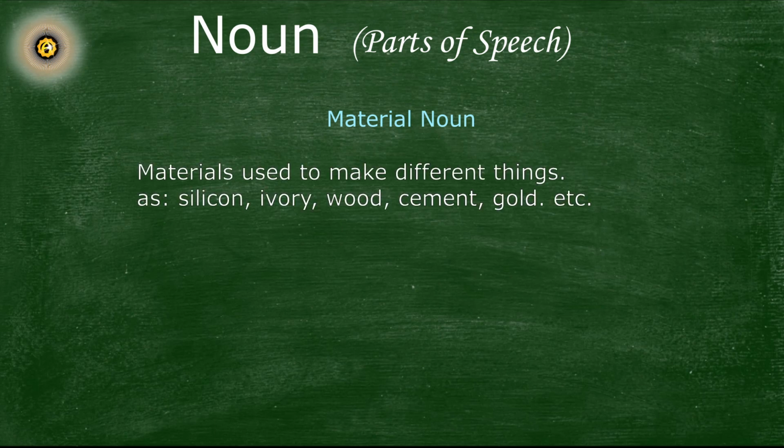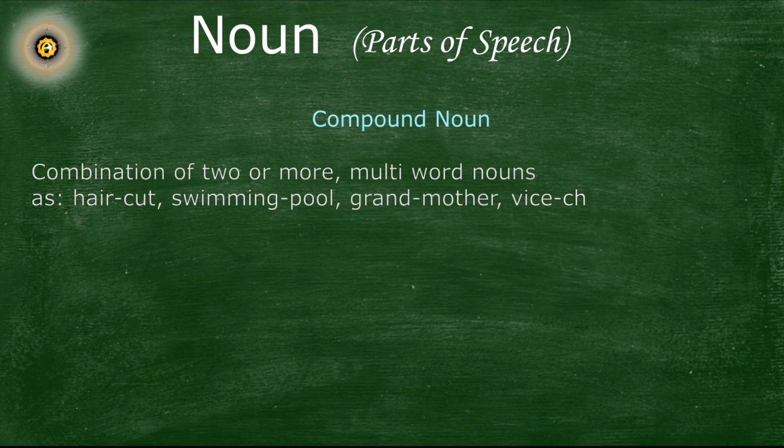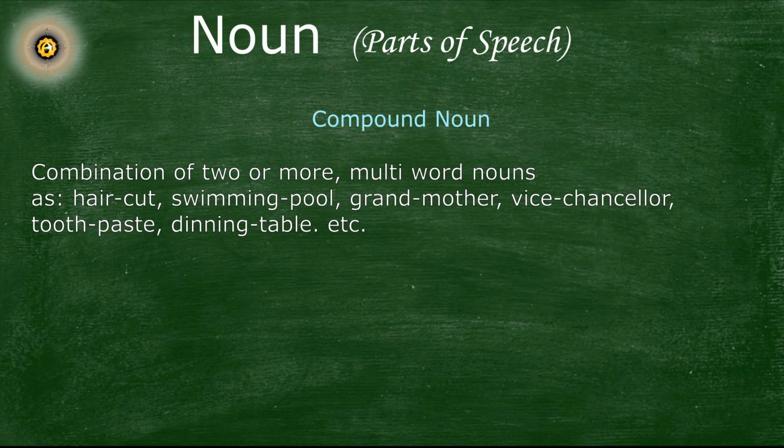For example, silicon, ivory, wood, cement, gold, and so on. And there is compound noun. Compound means the combination of two. So multi-word nouns. For example, haircut, swimming pool, grandmother, vice chancellor, dining table, toothpaste, and so on.